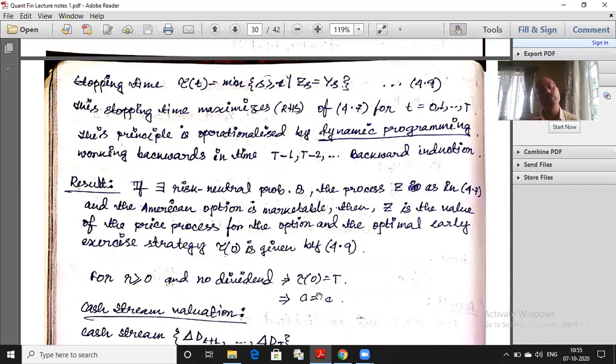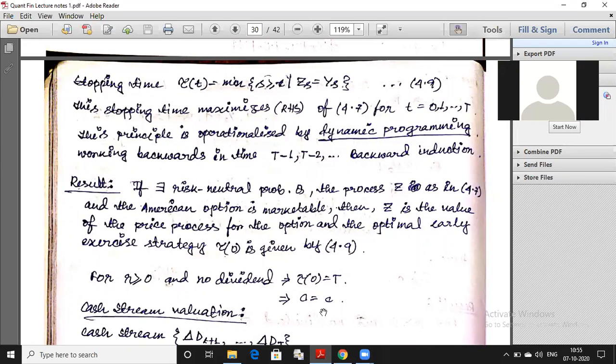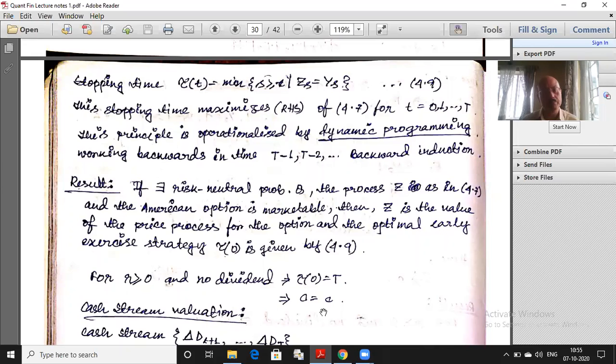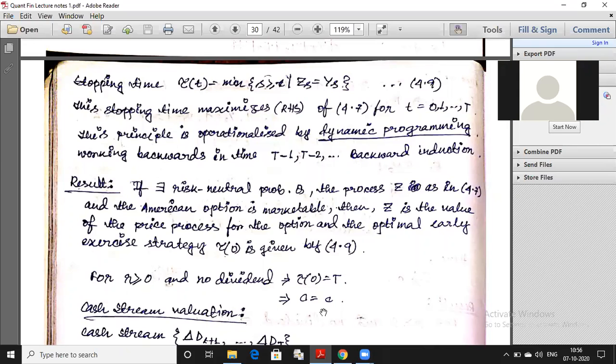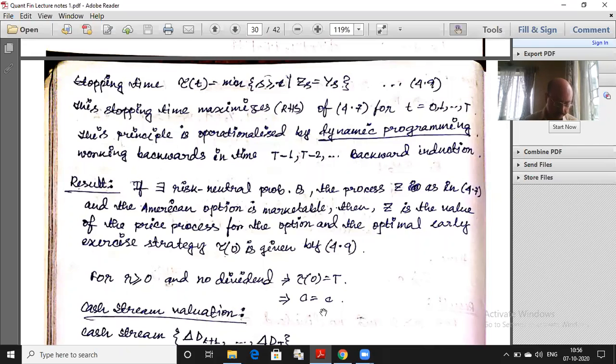So if tau 0 is equal to capital T, that means American is the same as European, so the prices will also be the same. But we have also seen another example where optimal exercise was early in some of the omegas. There we know that tau 0 is not capital T, but strictly less than. All right. Is this okay?